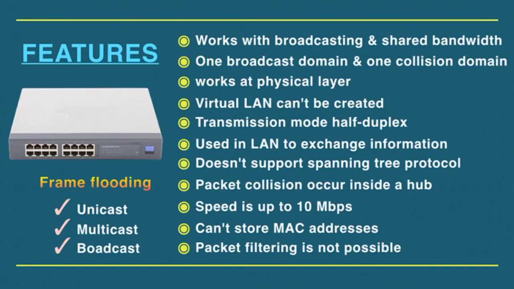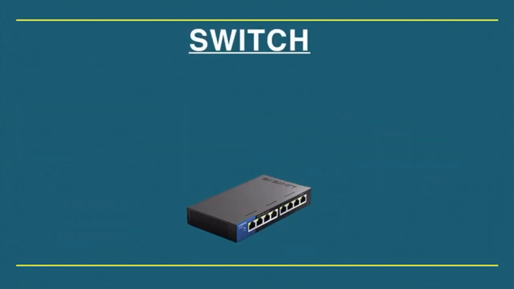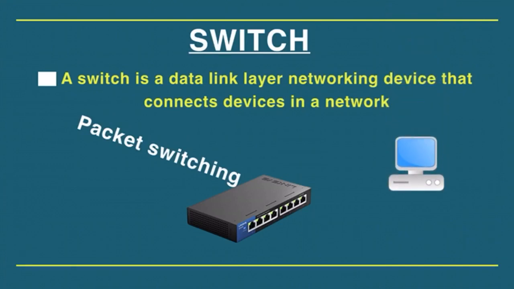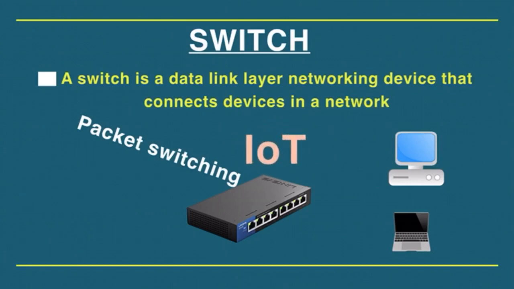Let's get into a switch. A switch is a data link layer networking device that connects devices in a network and uses packet switching technique to send and receive data over the network. Switch not only support personal computers but also a variety of other IP devices that brings it into the world of Internet of Things.